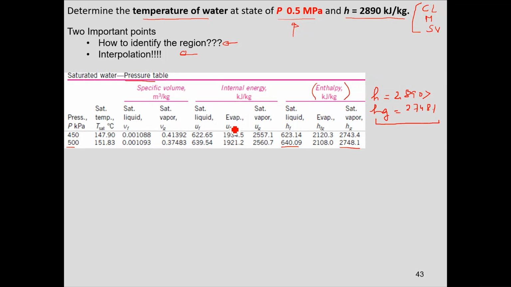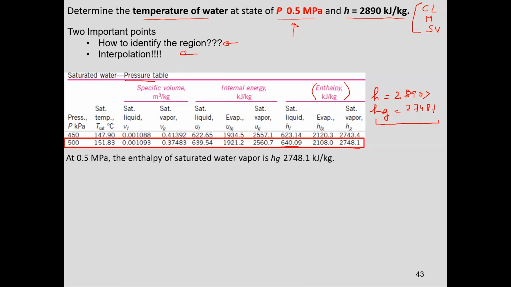Anyways, since you are not responding, I'll guide you. At 0.5 megapascal, the enthalpy of saturated vapor is 2748.1. Since the given enthalpy 2890 is greater than Hg, you are in the superheated vapor region. Kindly recall the slides from last week so that you identify the region.